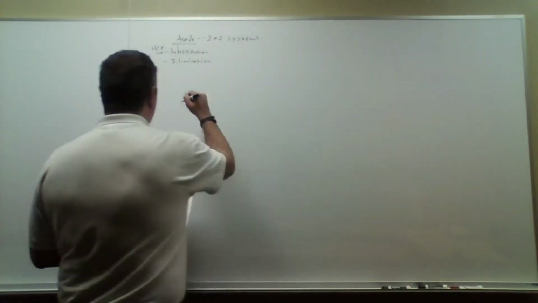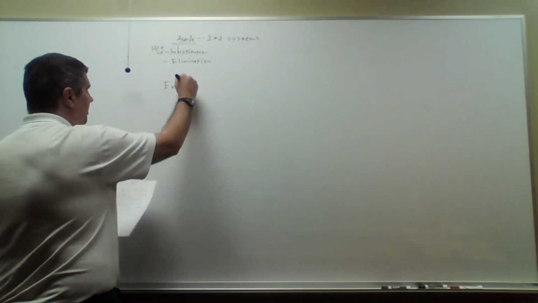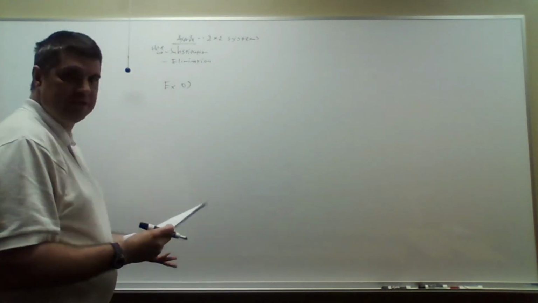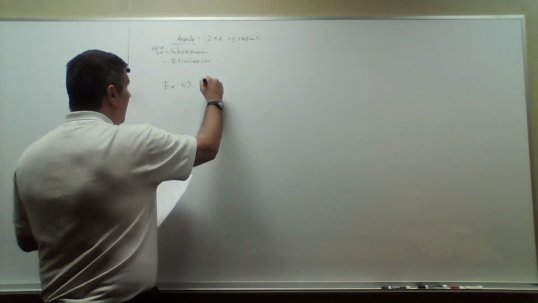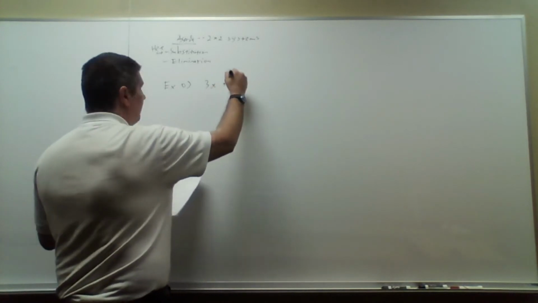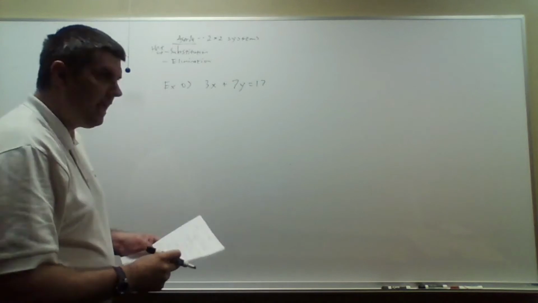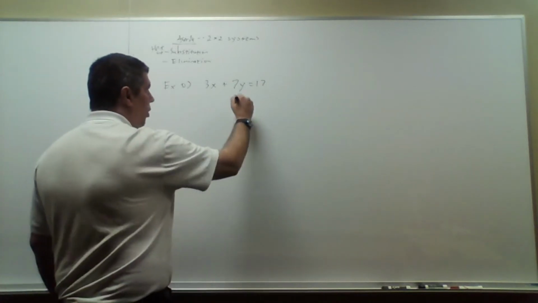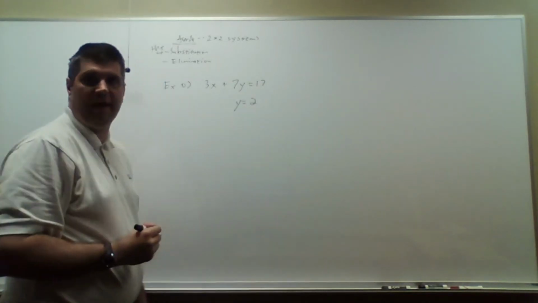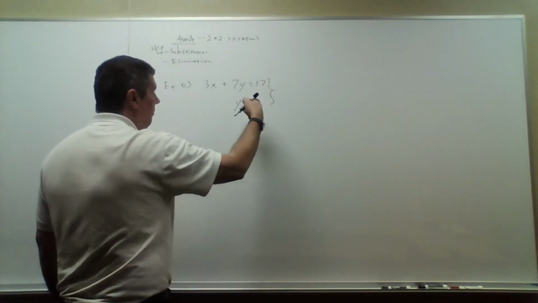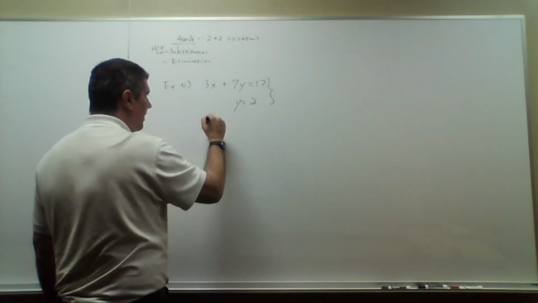So you probably have done something similar to this in courses beneath this level. This is example 0. You might be told that you got something like 3x plus 7y equals 17, and that one of the values equals a certain value. In which case you would have simply plugged this value in for the other variable.